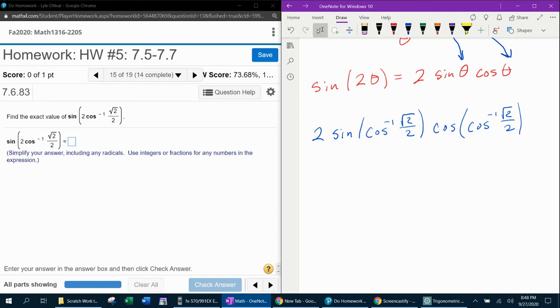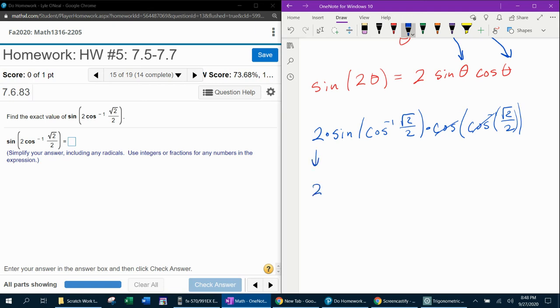So the next step, cosine and inverse cosine, those are going to basically cancel and just leave us the square root of 2 over 2. Remember, this is all multiplication, and multiplication is commutative, so order doesn't matter.